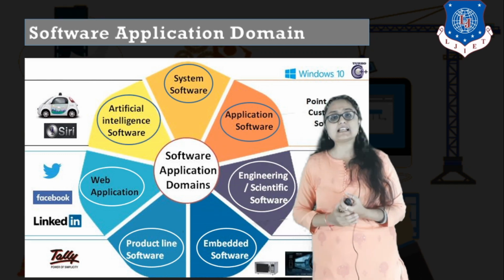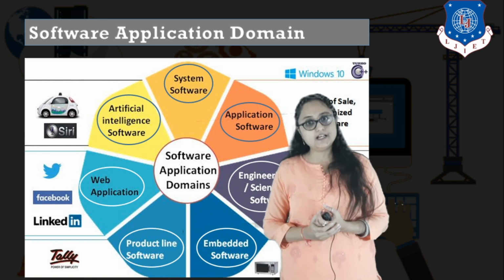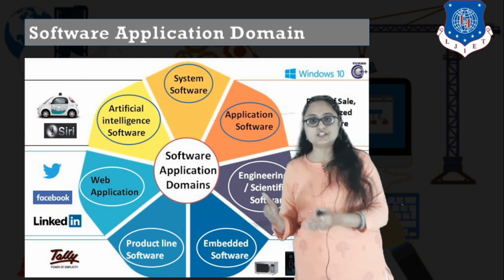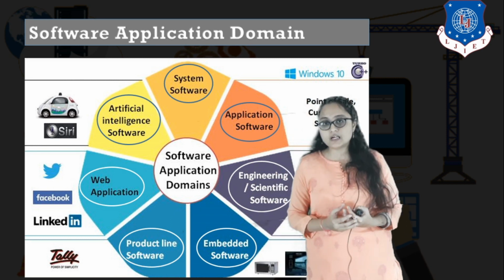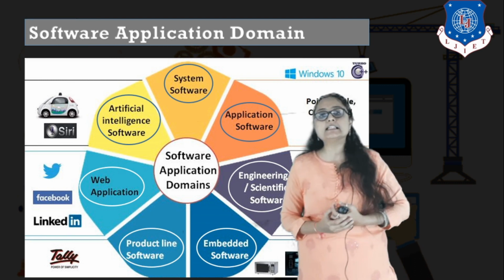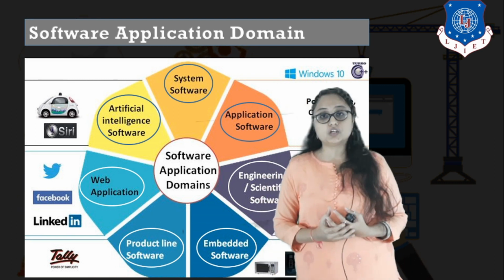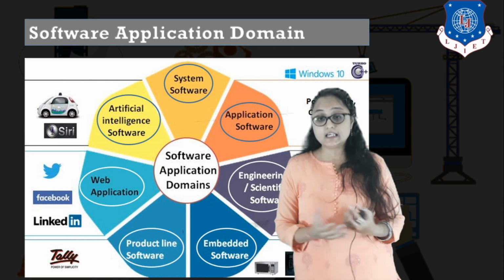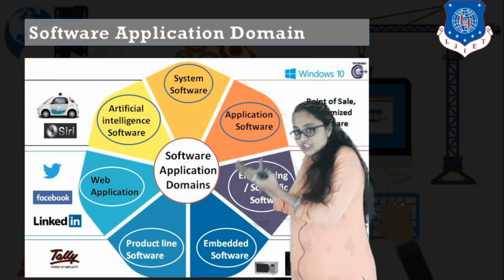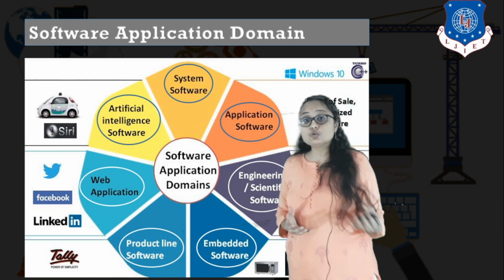And the last category of software is AI related software, or artificial intelligence software. Now you know what we mean by artificial intelligence. Artificial intelligence is a branch of computer engineering in which you make the machine work similar to humans, right?